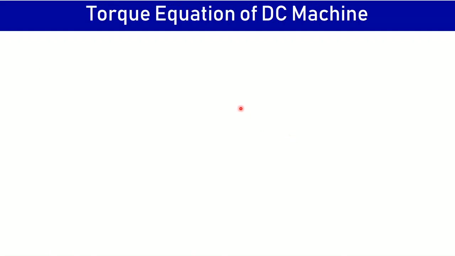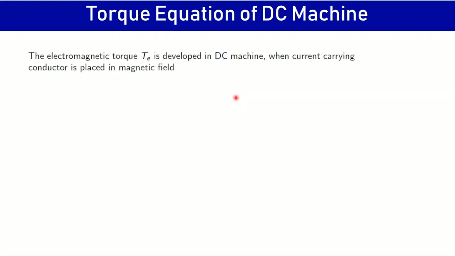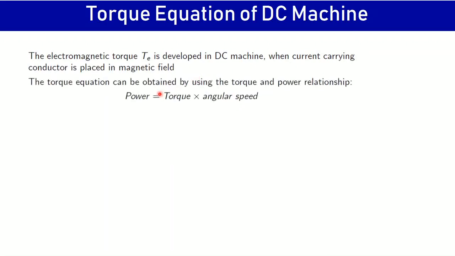Obtaining the circuit model also helps us to derive the expression for torque. Now, an electromagnetic torque is developed in the machine when the current carrying conductors are placed in a magnetic field. So this torque can be expressed in terms of the mechanical power and the angular speed. So power is equal to torque multiplied with the angular speed.